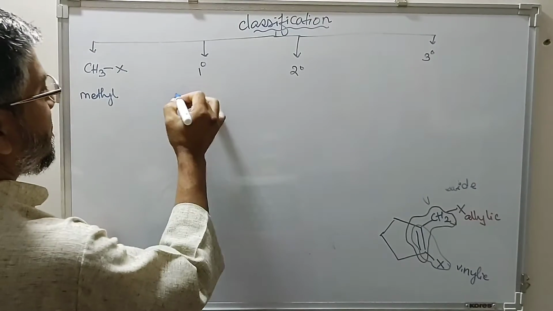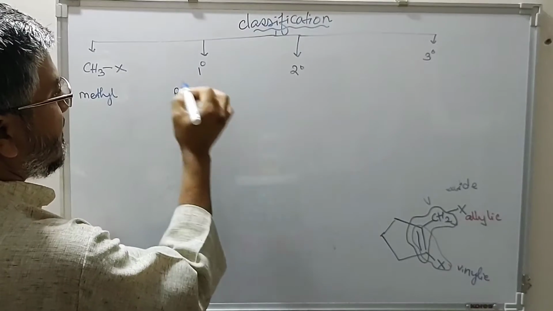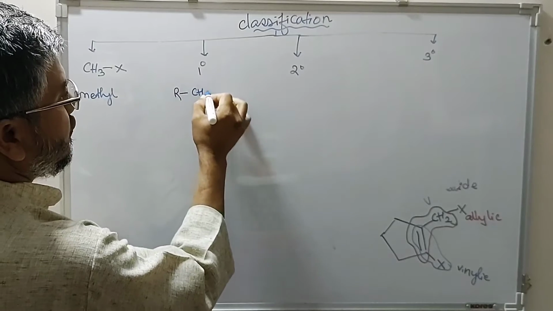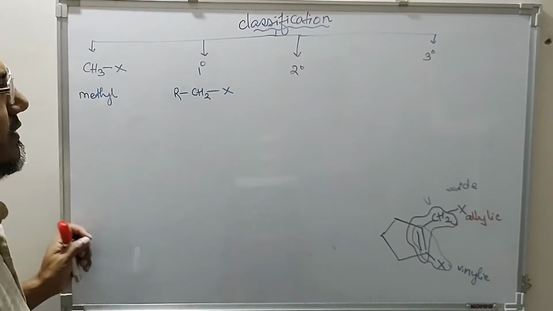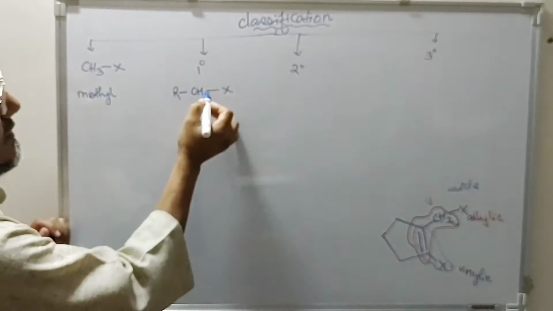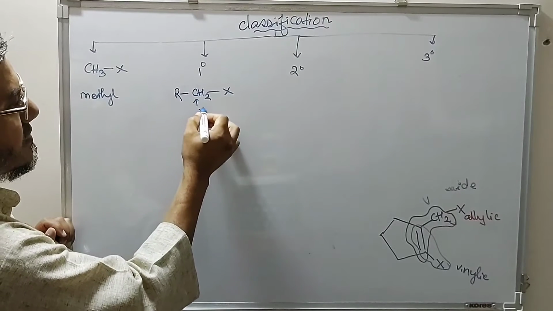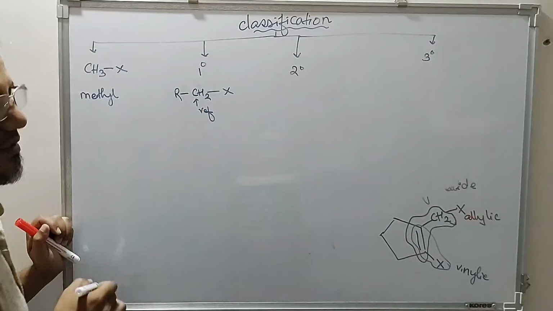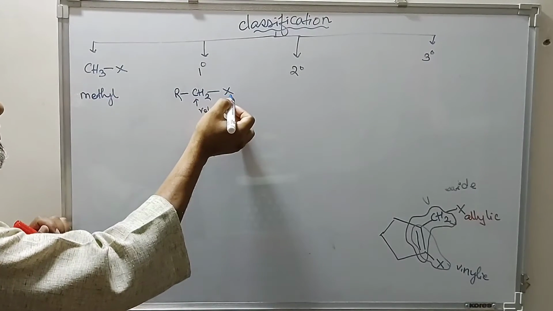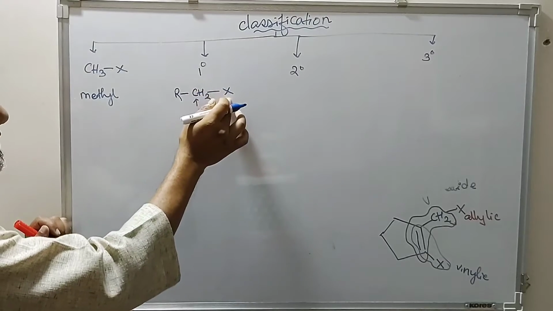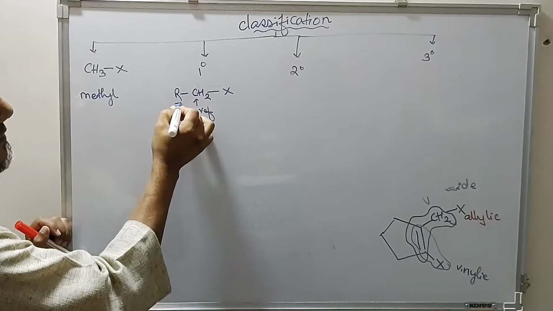So look at this, we have R CH2X. So if you look at this carbon is your reference because we are talking of this halogen. So carbon bearing halogen is attached to only one carbon.